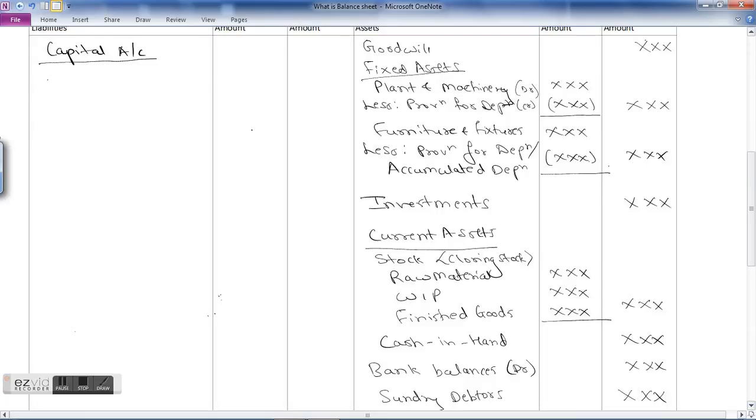Then the capital account will be bifurcated as owner's fund. In owner's fund you will have share capital, or if it's a partnership firm, then the individual capital accounts of partners.